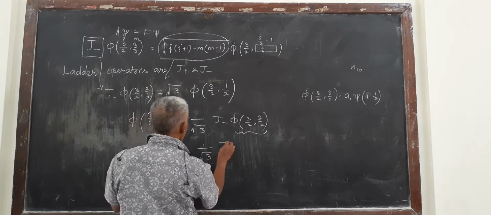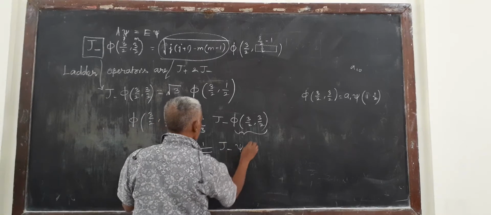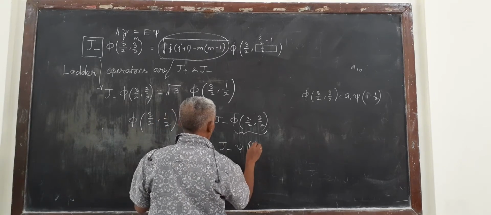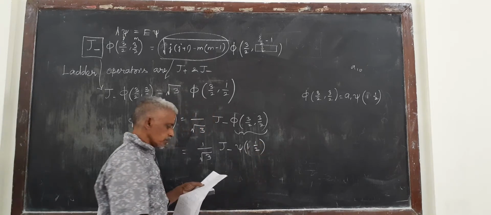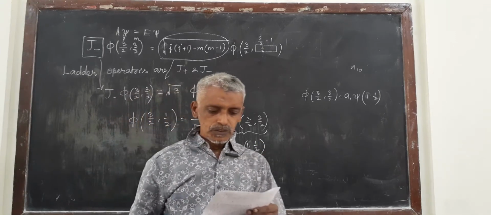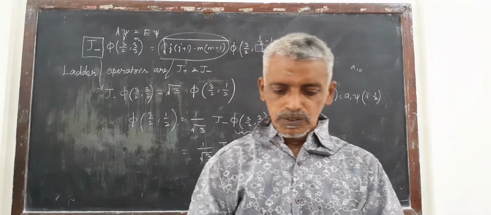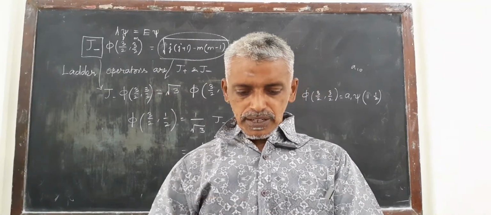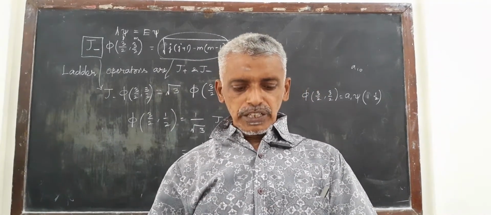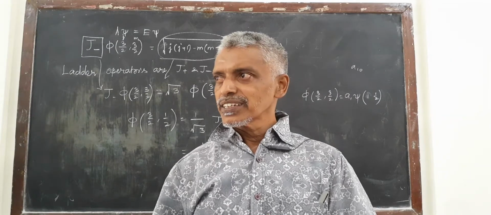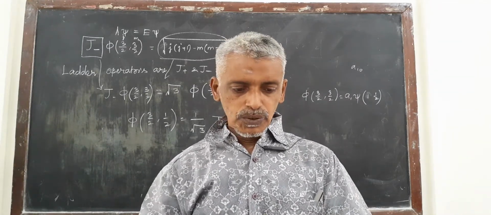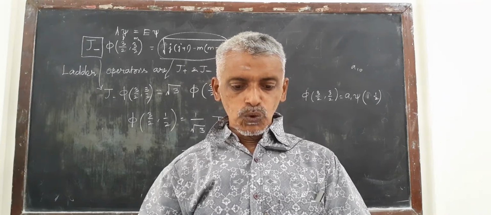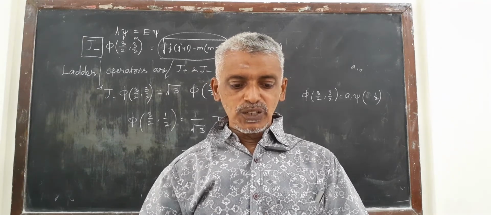1 over root 3, J minus, sorry, 1 over... Now, the thing is not stopped with that. You go back and see your second equation.